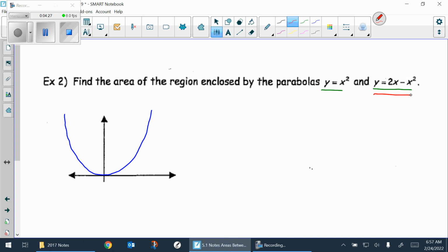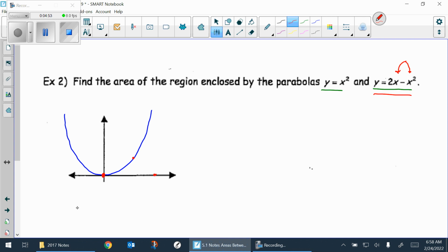Now let's see. If x is 0, y is 0. If x is 1, I'll put a 1 in here. I believe I'm going to get 1. And when x is 2, I believe y is 0 again.